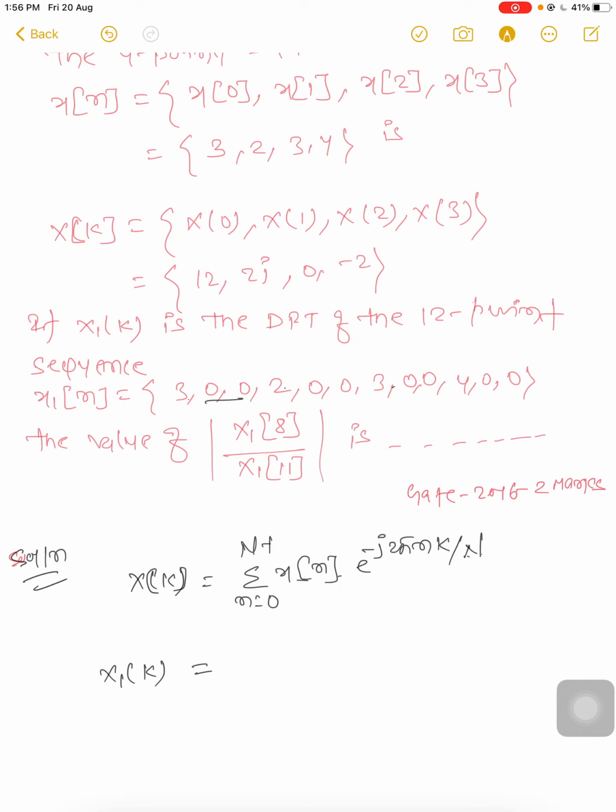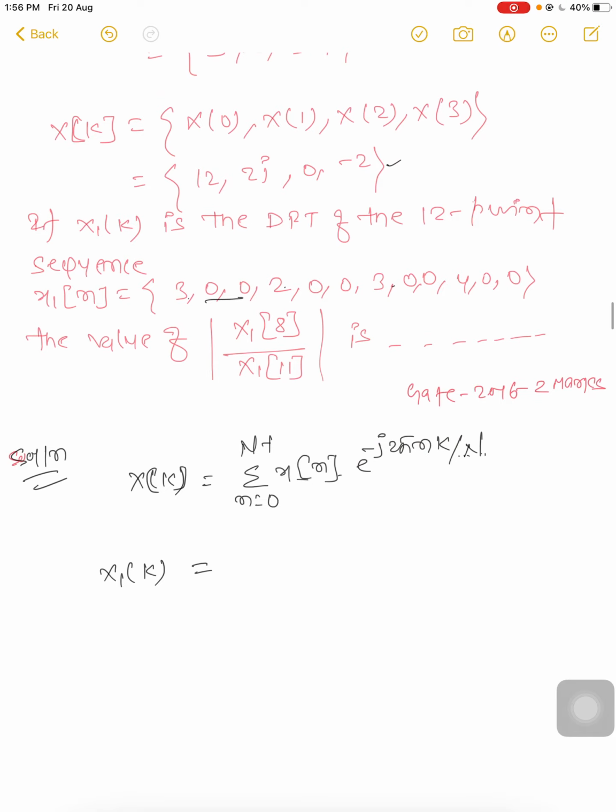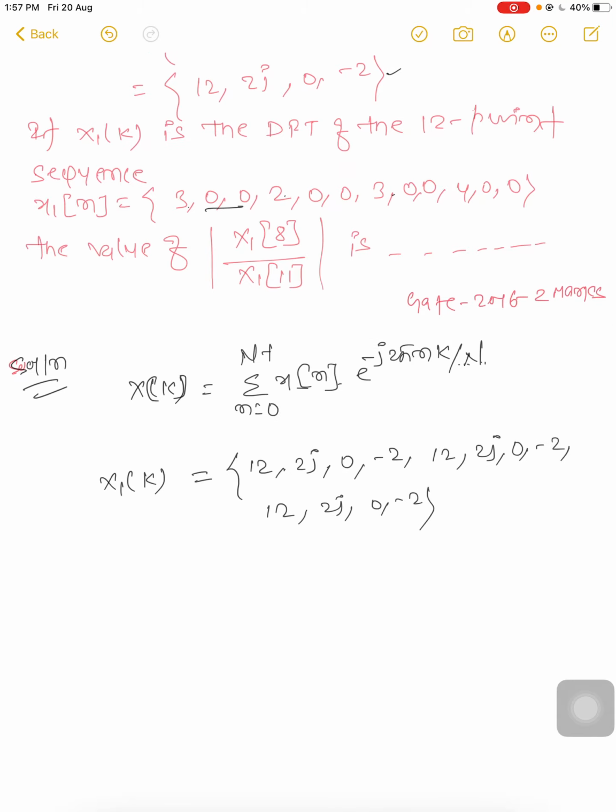And here, you will take 12 because of the 12-point DFT, and it will repeat after 4, because here it is 4. So you can check X1k, and directly we can say 12, 2j, 0, -2, then 12, 2j, 0, -2 once again, and again 12, 2j, 0, -2. It will become this.